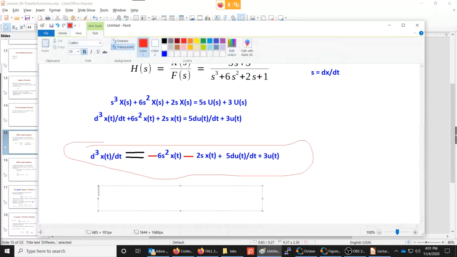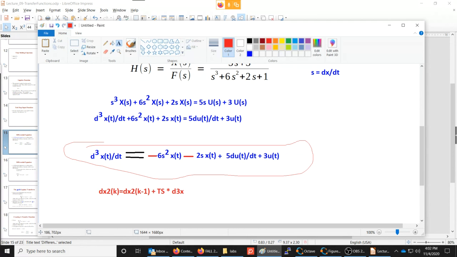So we can just say then that dx2 of k is equal to dx2 of k minus 1 plus a time step times d3x.